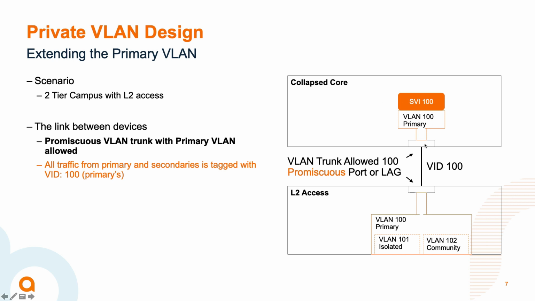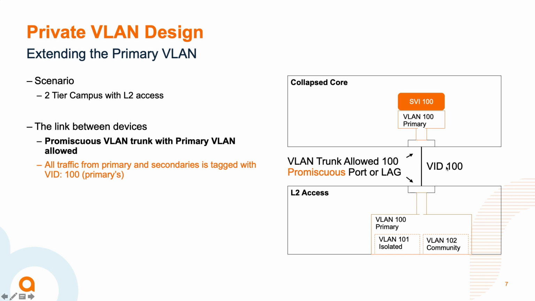So the interesting thing here is that we want to avoid having to extend the secondary VLANs, and so we will just take the primary VLAN and extend it between the two switches and have it defined on the top switch where we have the VLAN interface, because that's the typical deployment.